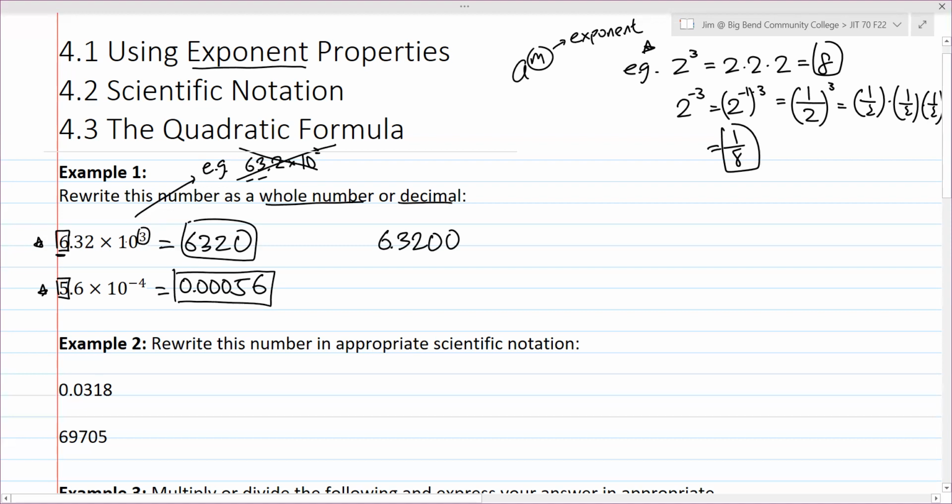So if you have 3 given, that means you're shifting the decimal point 3 times to the right. And the decimal point ends up there, and that's how you get 6,320.